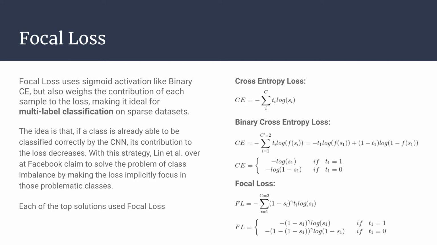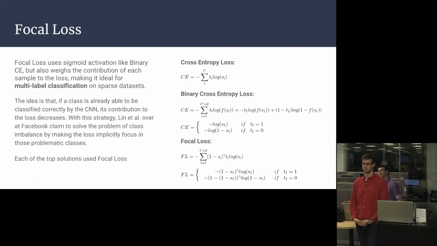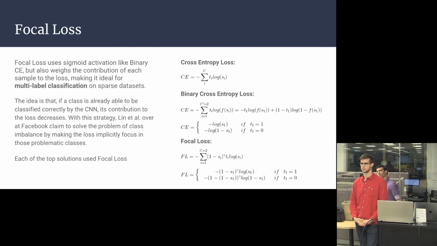And it does this by this tuning parameter gamma. You basically set that, and it's going to change the weight of how a correctly classified example is contributing to the loss.